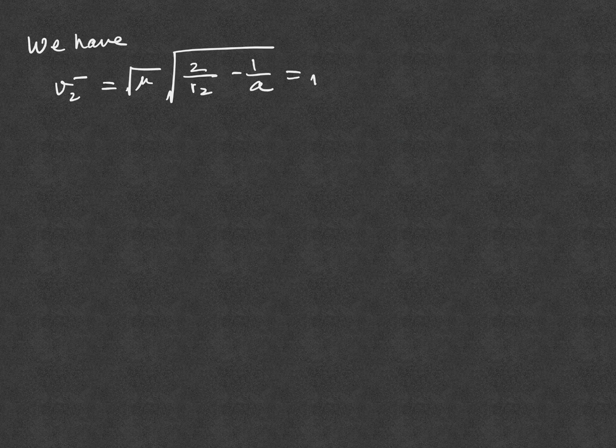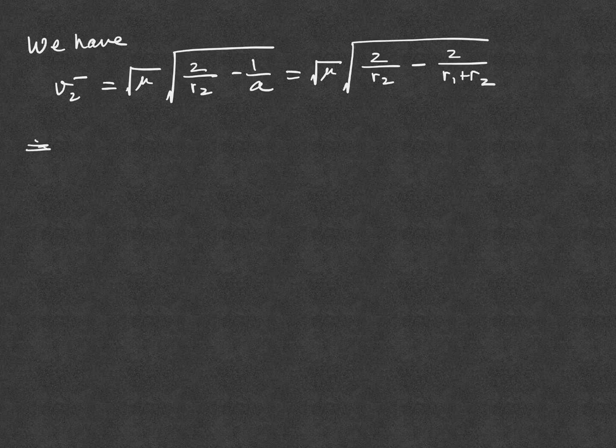But that's equal to the square root of mu times the square root of 2 over r2 minus 2 over r1 plus r2, because a is equal to r1 plus r2 divided by 2. So that implies that v2 minus is equal to the square root of mu times the square root. We put this again over a common denominator.